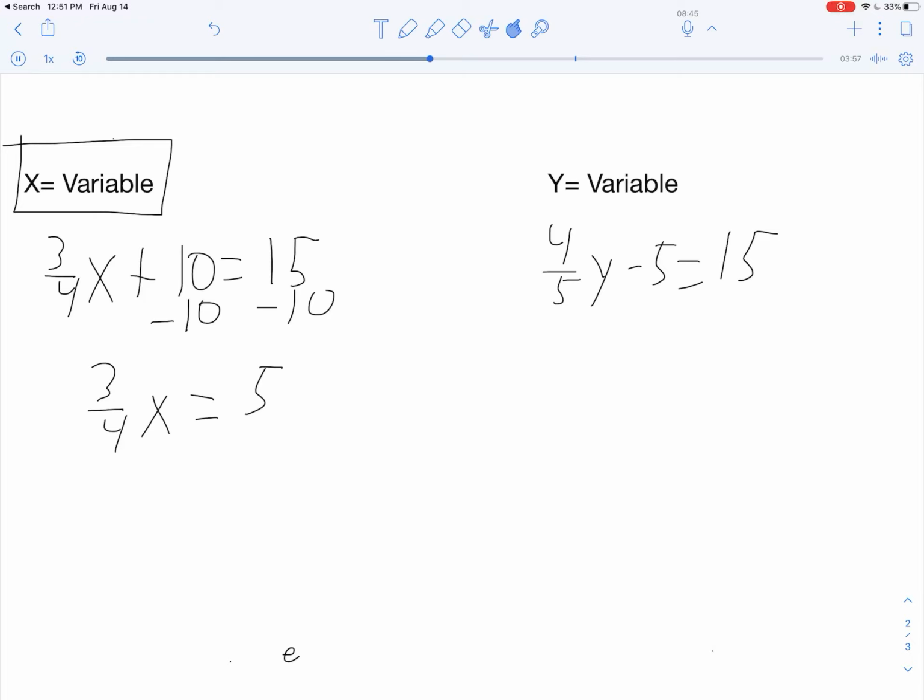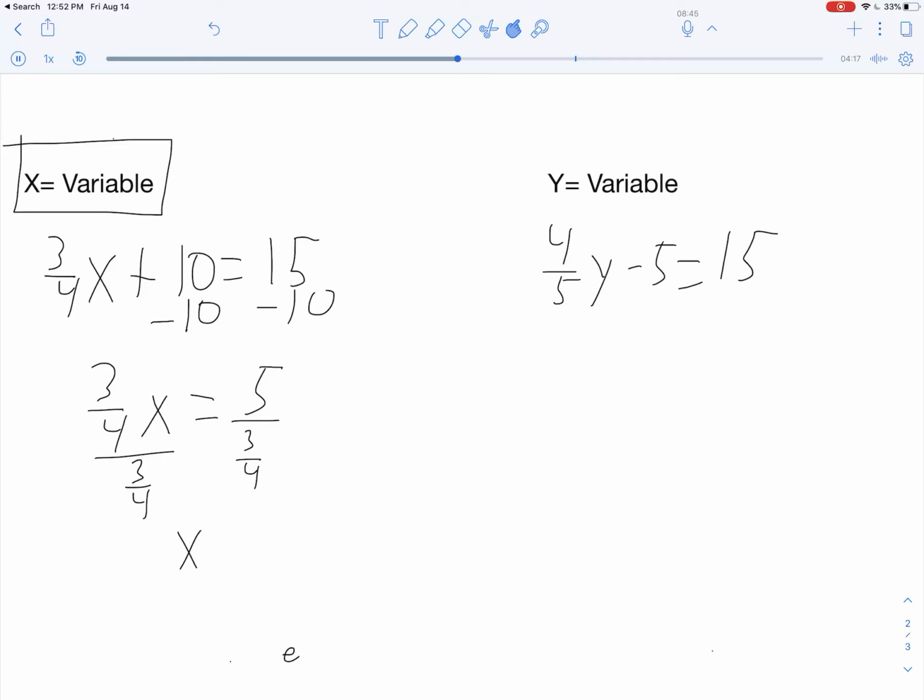Now, since we're multiplying 3/4 times x, the way we remove 3/4 from the left is dividing both sides by 3 over 4. However, when we must divide a fraction, we flip it and then we multiply.